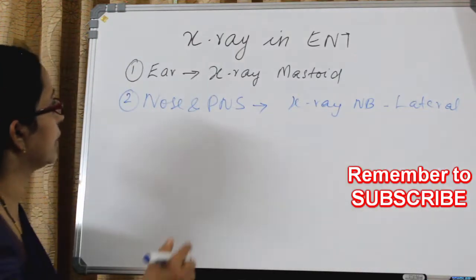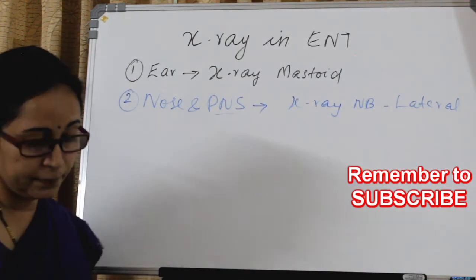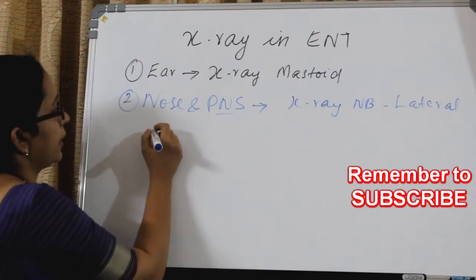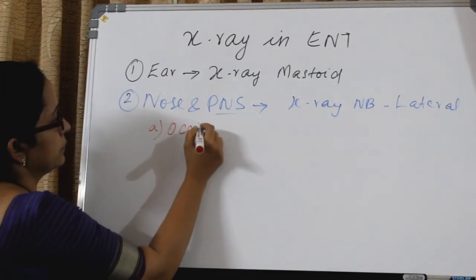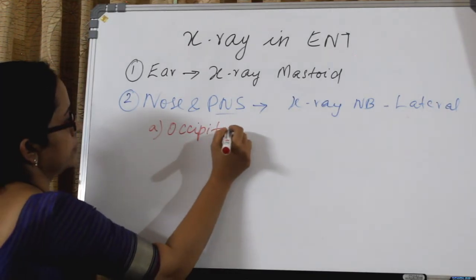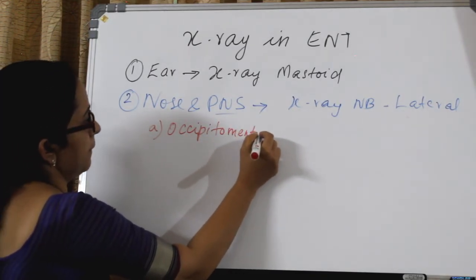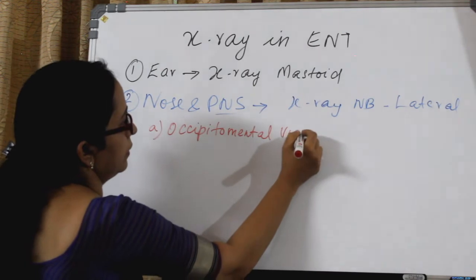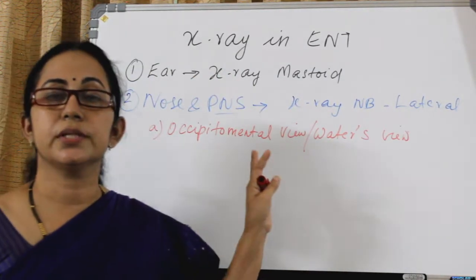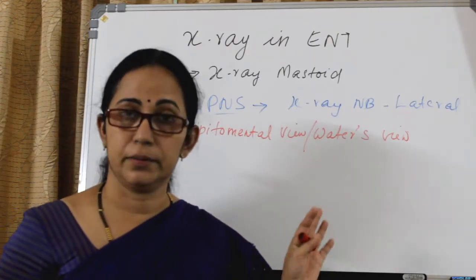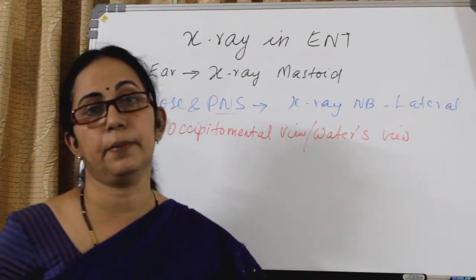Okay. And what about the paranasal sinus? So in paranasal sinus we usually take Waters view or occipito-mental view. So this view is most common X-ray view taken for X-ray paranasal sinus.